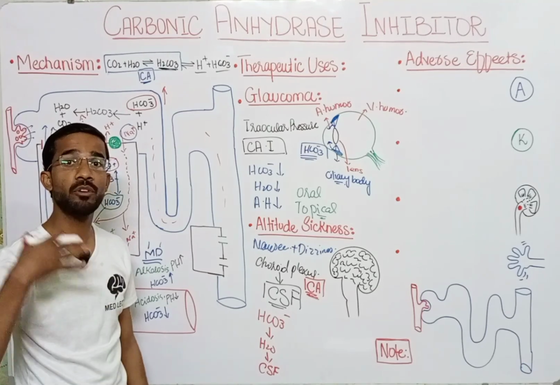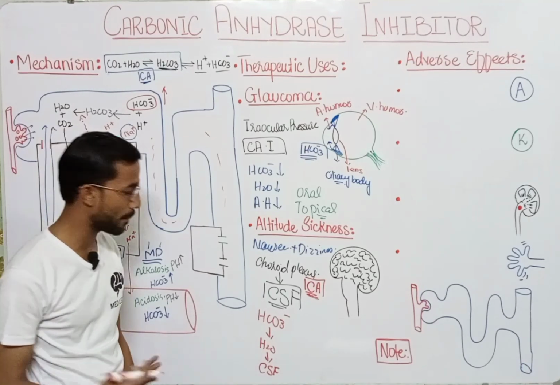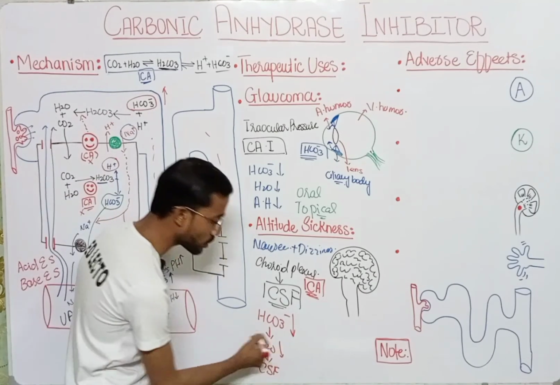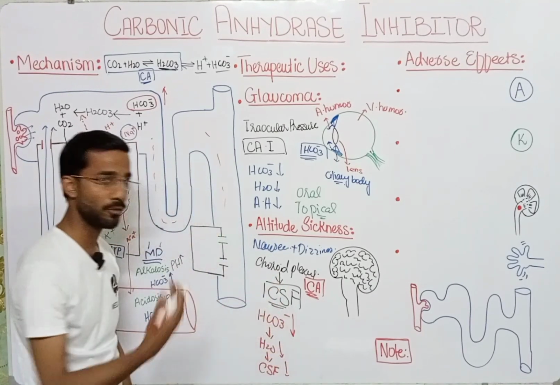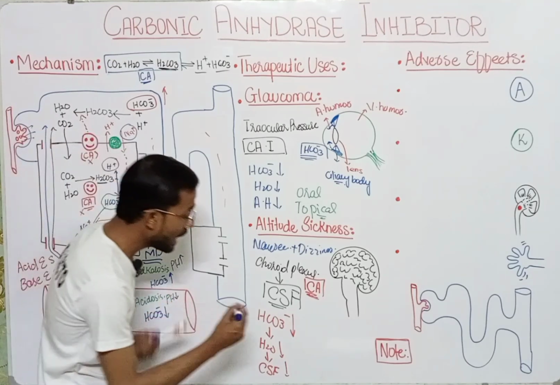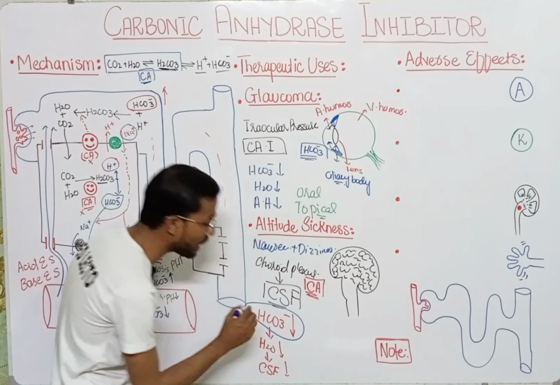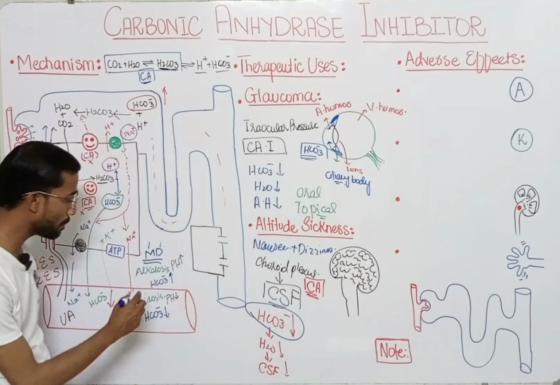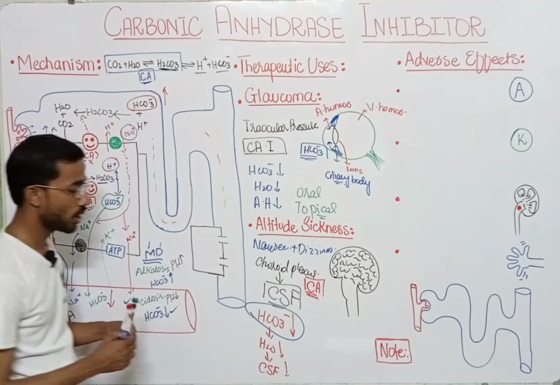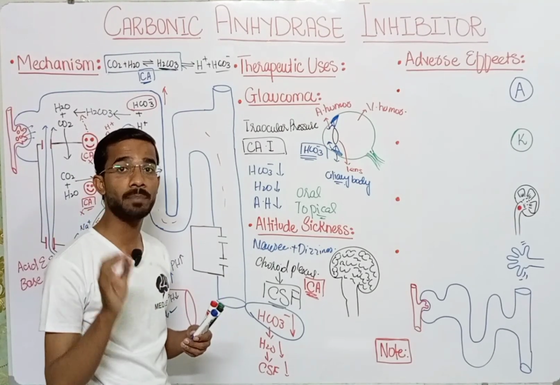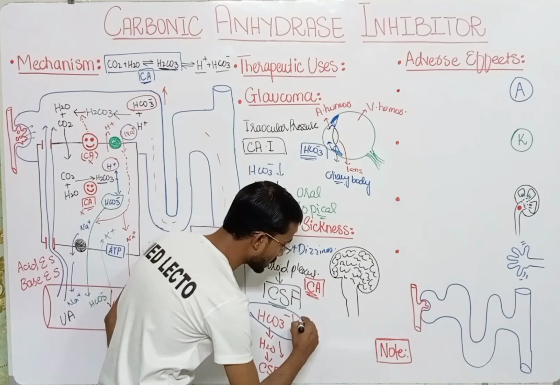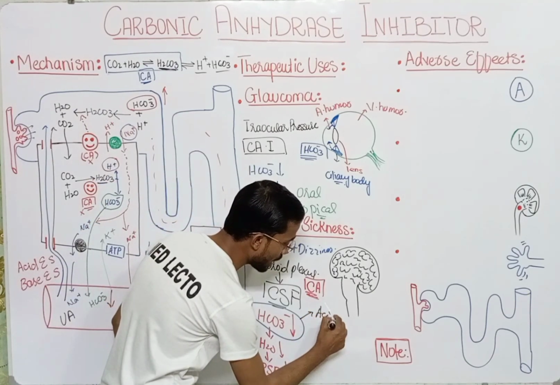If we inhibit the carbonic anhydrase, then the bicarbonate ion concentration will reduce, water will also reduce, and ultimately cerebrospinal fluid will reduce. So this is the situation. Now the important thing: I said the bicarbonate ion concentration reduces. If the bicarbonate ion concentration reduces, then it goes toward acidosis. So in that situation the cerebrospinal fluid will become acidic.